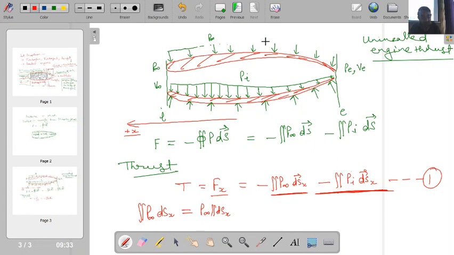So you can see that pressure is in this direction and surface area vector will be in this direction. Okay, so both are opposite to each other. So if both pressure and surface area vector are opposite to each other, that is one point. That is why we have already a negative sign outside.